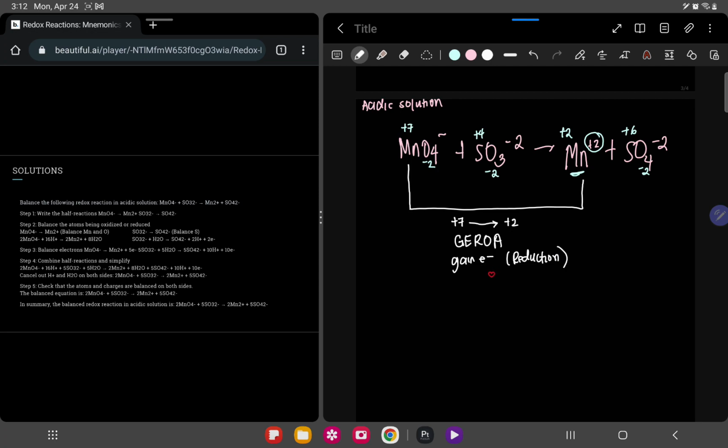So our manganese here is our oxidizing agent of the element sulfur, because sulfur is being oxidized. So let's see if it is really sulfur. Sulfur out here, let's use a different color.